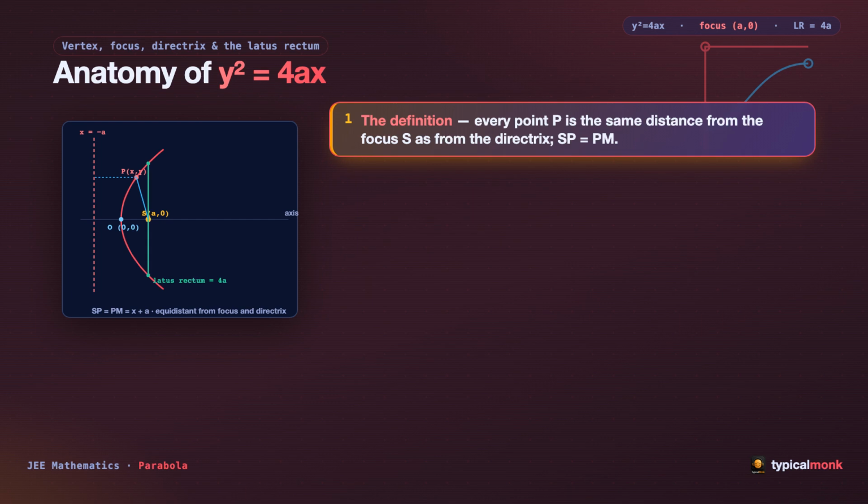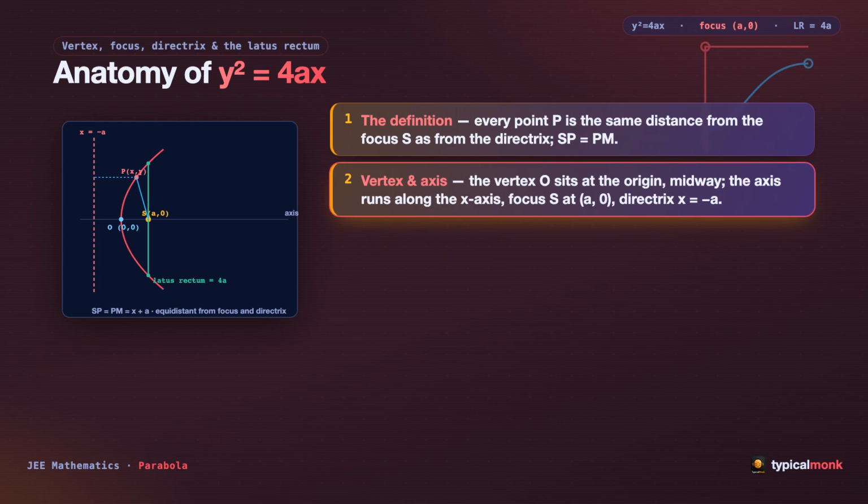The anatomy of y squared equals 4ax. The definition first. Every point P is the same distance from the focus S as from the directrix, that is, SP equals PM, where M is the foot on the directrix. The vertex O sits at the origin, exactly midway. The axis runs along the x-axis.